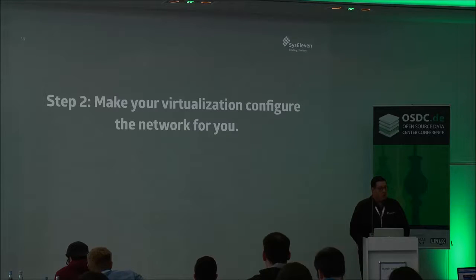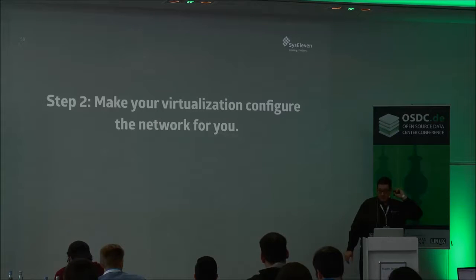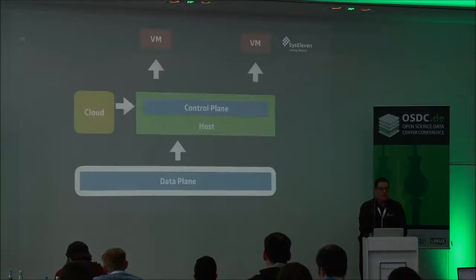Step number 2 on our way to proper network virtualization: make your virtualization configure the network for you. So whatever sort of virtualization you use, and even if it's not the virtualization solution itself, but more precisely the software that is running your cloud computing environment, such as OpenStack, you need to make that part influence your configuration.